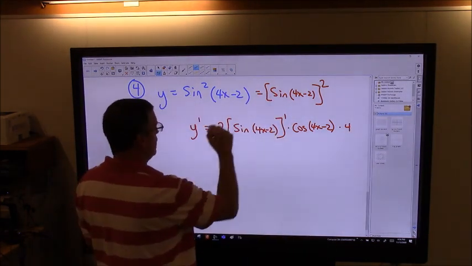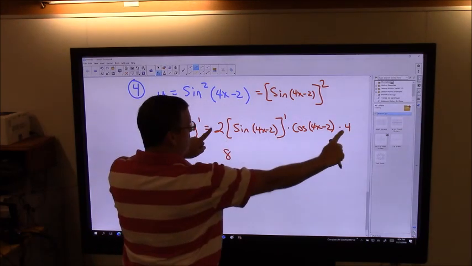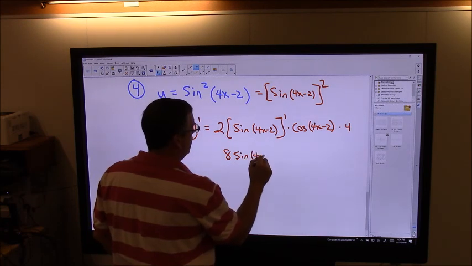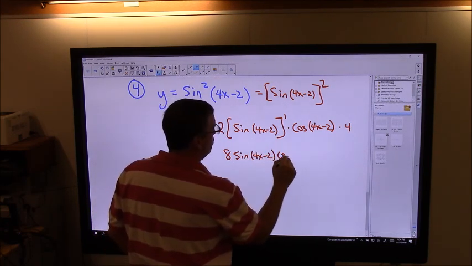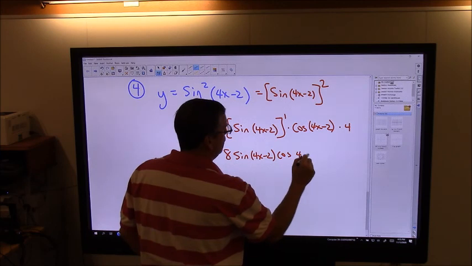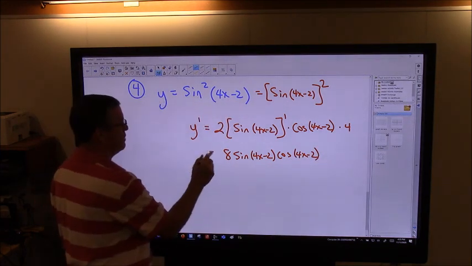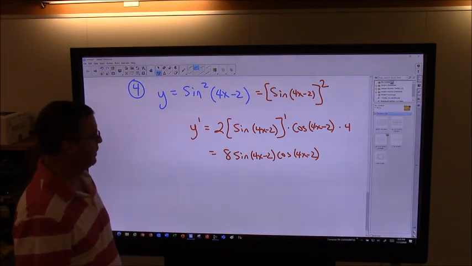So overall I've got 8, when I multiply these two, sine of 4x minus 2 cosine of 4x minus 2. Oh, I don't know if we're going to see this as an answer.